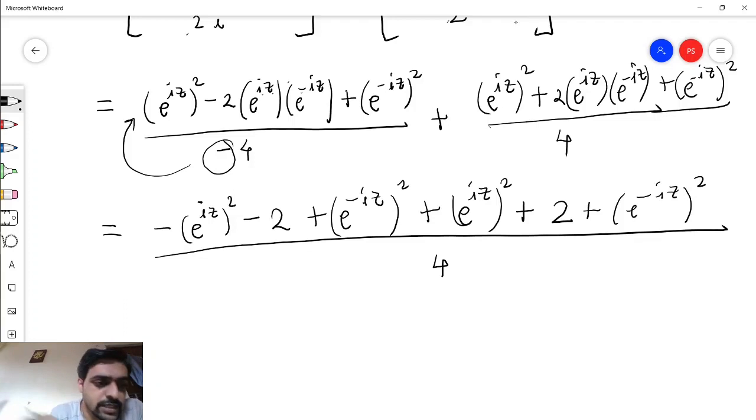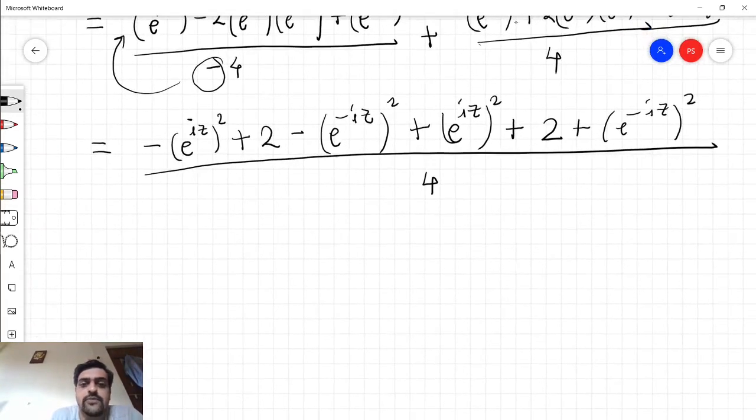So there is a mistake, let me correct it. Since this minus sign is carried to the numerator, this term which was positive becomes negative, this term which was negative becomes positive, this term which was positive becomes negative.